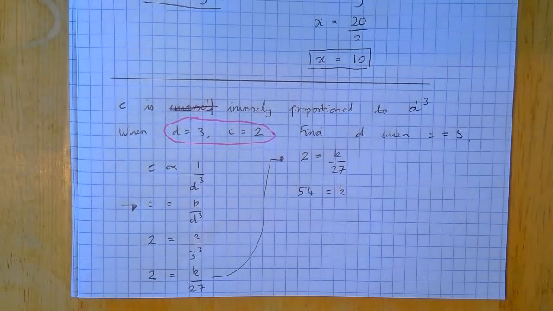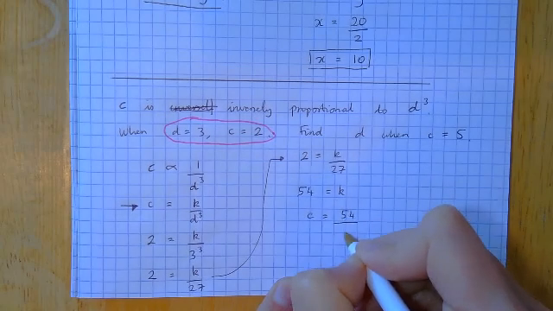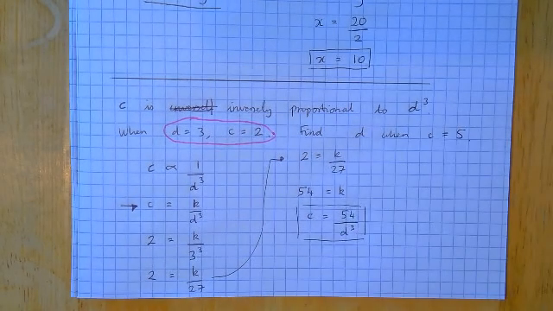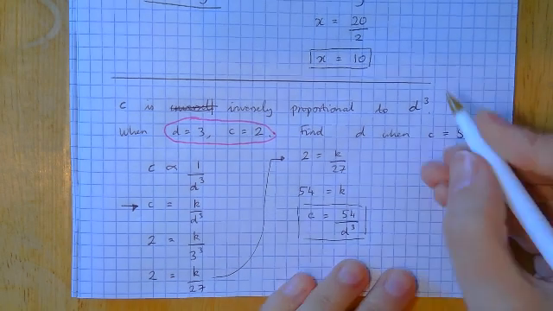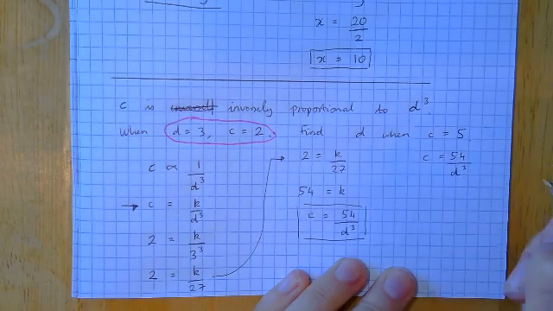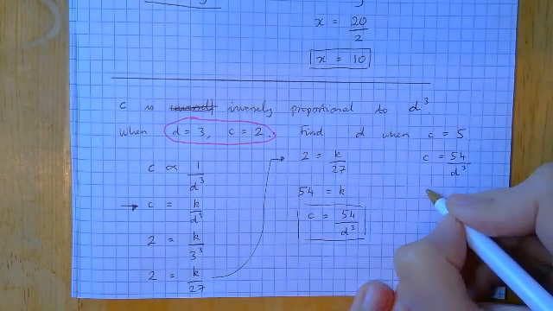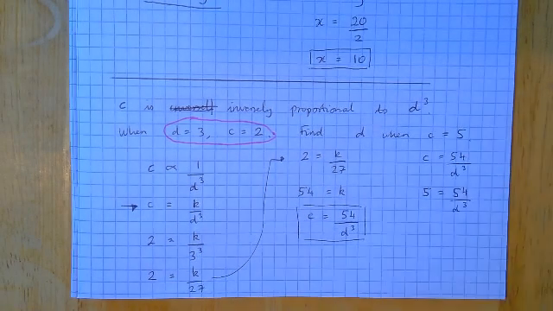Rewrite your second line, but you're swapping your K for what you know K to be: 54 over D cubed. That's my second line, rewritten with my value of K in. Right, find D when C equals 5. So this is my formula. Whenever I see a C, I'm going to put a 5.